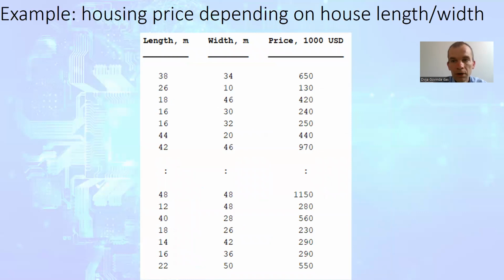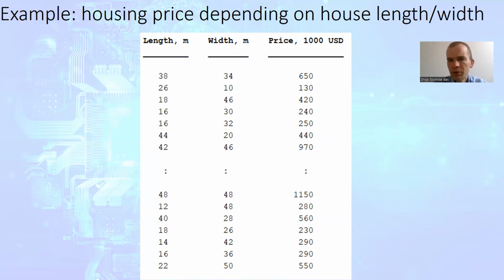Or, for example, I propose you to consider the following artificial, but I hope quite representative example. We have data about house prices depending on the length and width of the house.